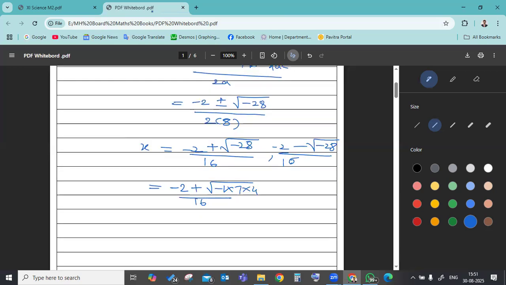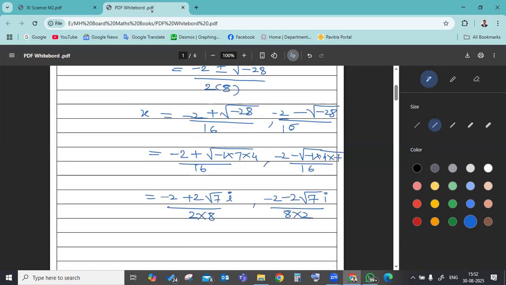The square root of 4 is 2, which comes outside, so it will be minus 2 plus 2 root 7 times square root of minus 1 upon 16, or minus 2 minus 2 root 7 i upon 16.